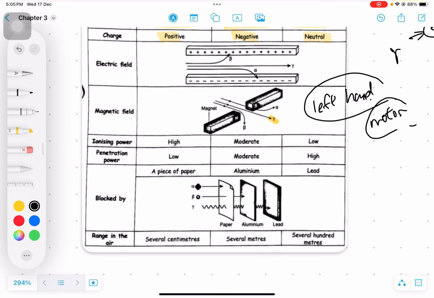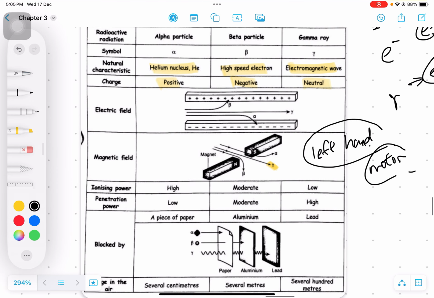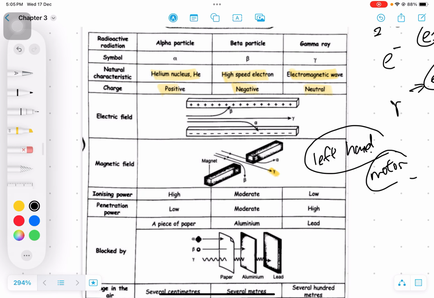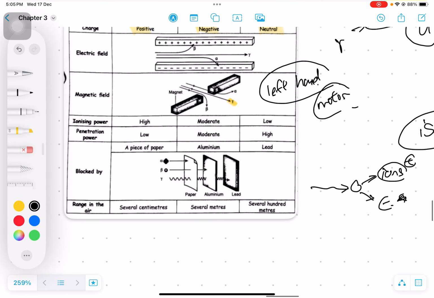So ionizing power, what do you mean by that? Ionizing power means that once the alpha particle, beta particle, or gamma knocks into a neutral particle, it will split the particle into ions, meaning positive charge and negative charge.